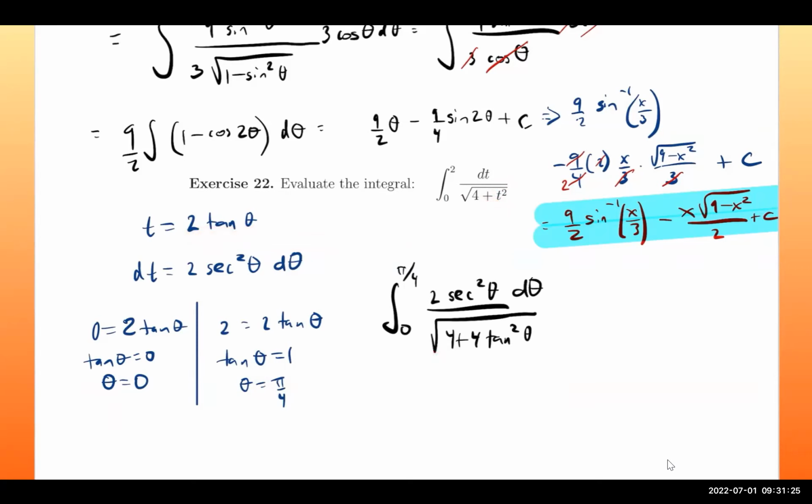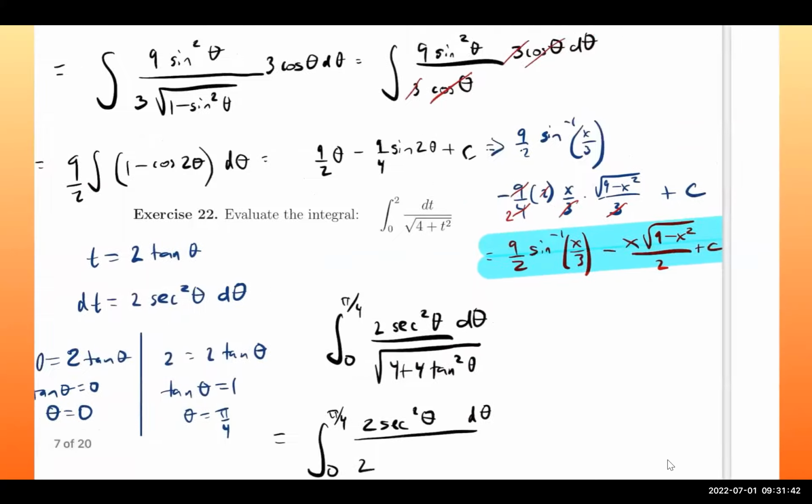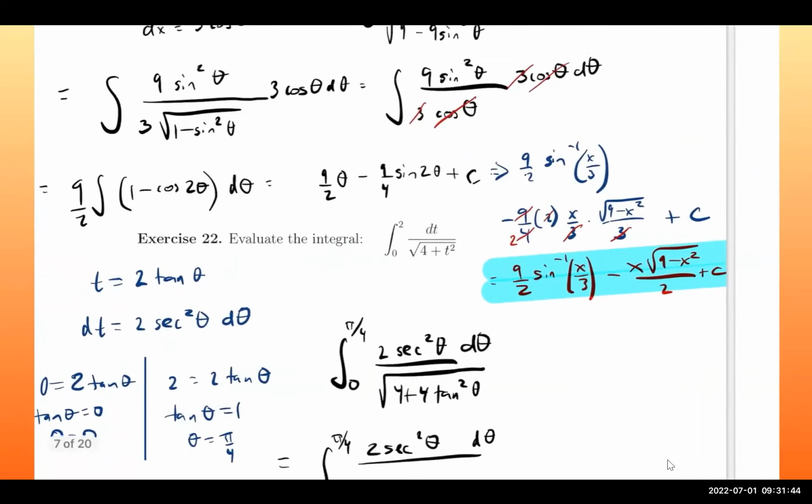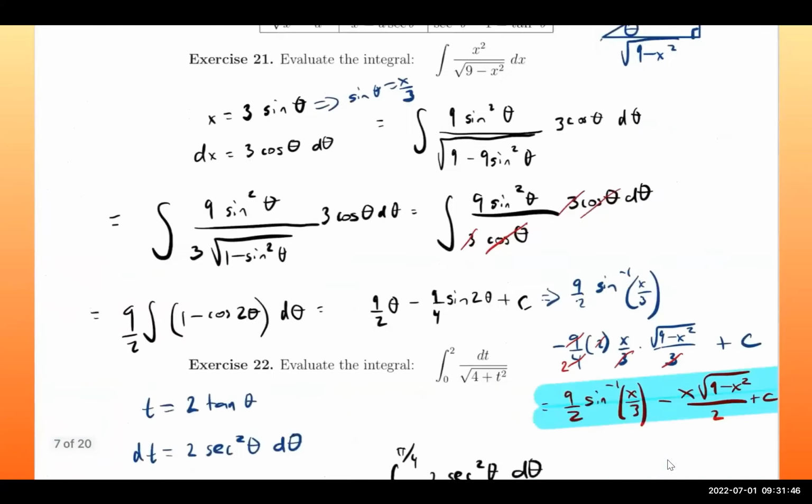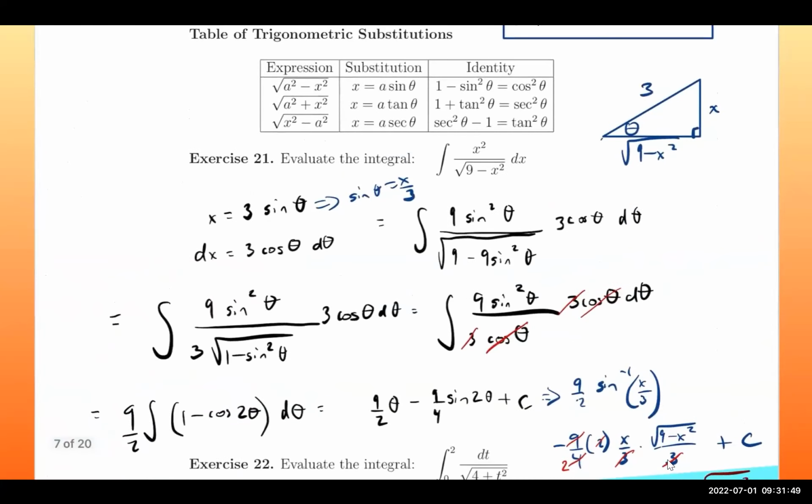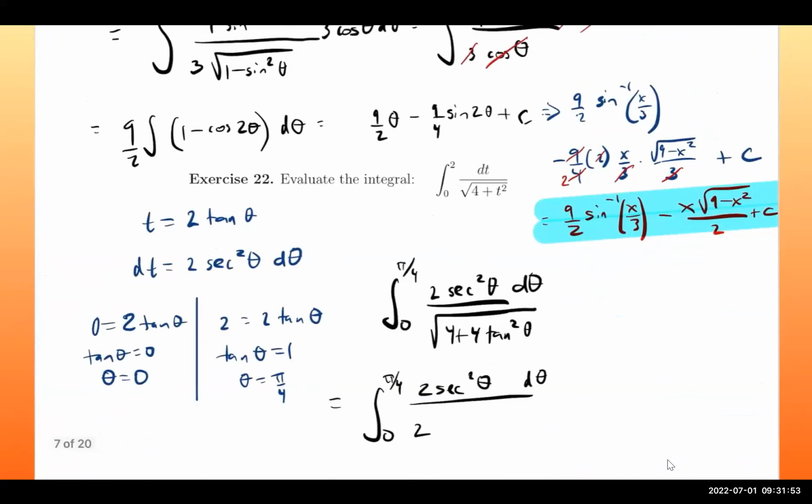You can factor out the 4, and then when you take the 4 out of the radical, it becomes 2. So the integral is now 2 secant squared theta over 2 times the square root of 1 plus tan squared. We're going to use this identity: 1 plus tan squared is secant squared.